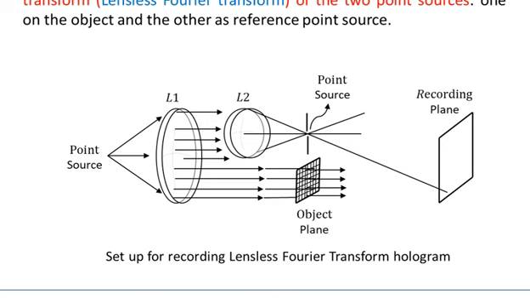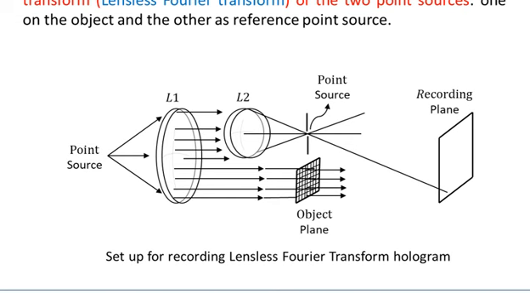So a spherically diverging wave is incident on the recording plane, which could be a photoglass in our case. A part of the plane wave from the lens L1 goes straight and is incident on the object plane where the object is placed. The light passing through the object reaches the recording plane. You see that we have shown a point source from which the reference beam is generated.